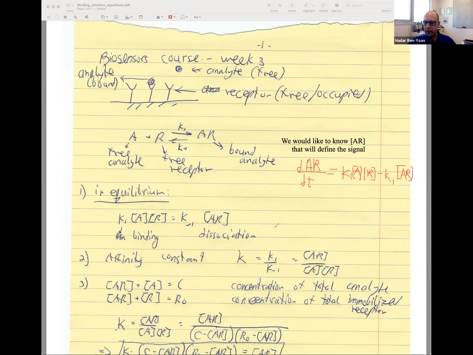So in equilibrium, this one equals 0 because it doesn't change, right? Therefore, this part will go to the other side and we get this equation. This is the origin of this equation: K1 A R equals K minus 1 AR complex.